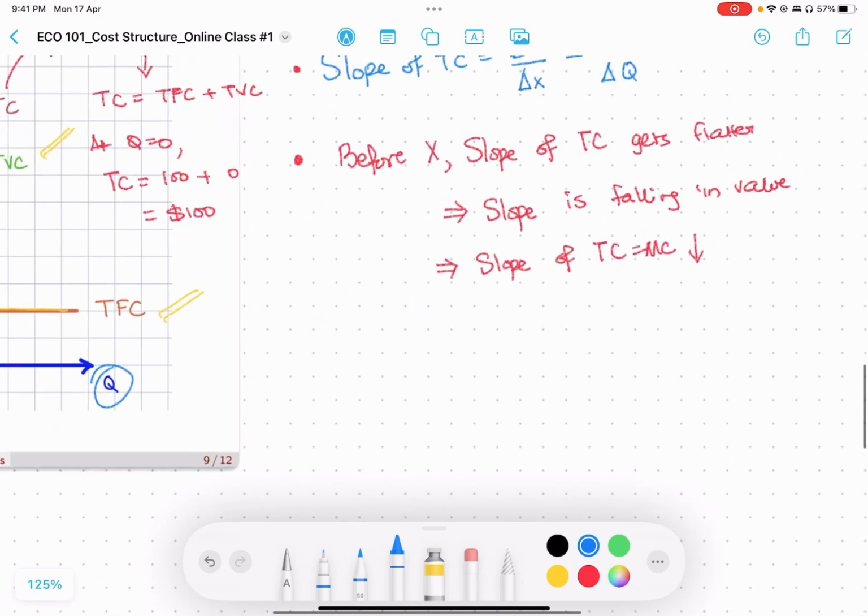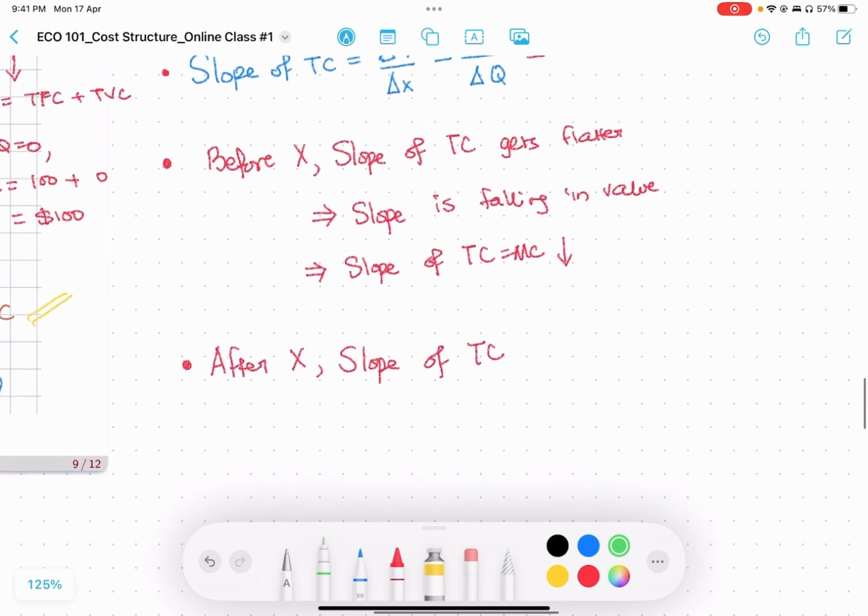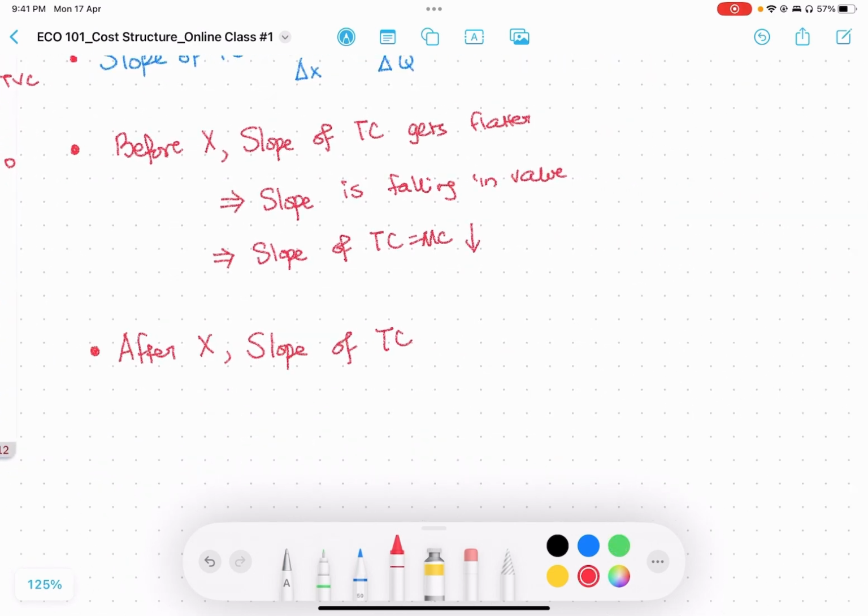Now look at the case where we are going after X. After X, what happens to the slope of the total cost curve? Let's go back to our curve. What we are seeing here is after X, it actually gets steeper. We're seeing that the green lines are getting steeper. So let me come back and write it here.